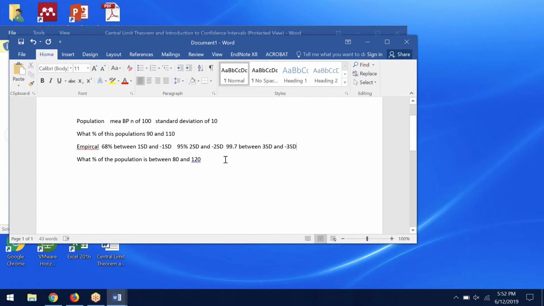So what percentage of the population has a blood pressure that's less than 90?